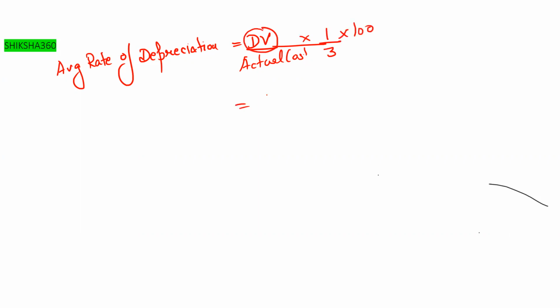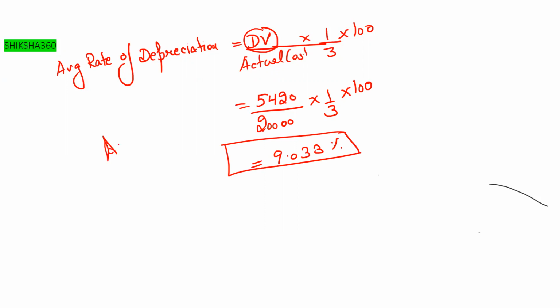So depreciated value is 5,420 rupees upon actual cost 20,000, into 1 by 3 for average, into 100. Clear? When we calculate this, we will get 9.033%. So this is the average rate of depreciation.